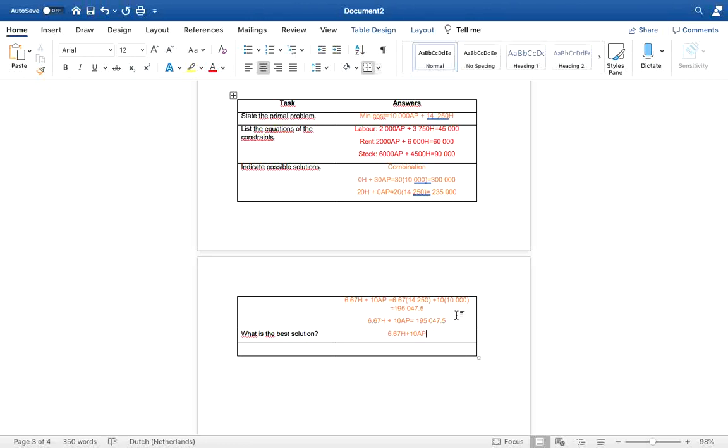That is the best solution. Remember, we're trying to minimize costs. So this is the lowest cost that we have. So that's the best solution for this. I hope everything is clearer.